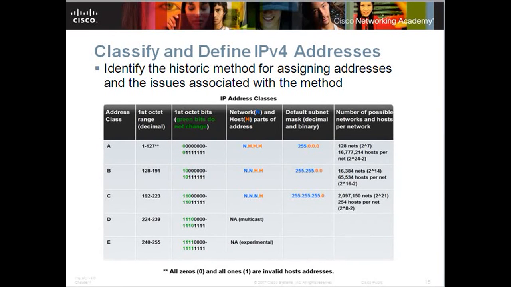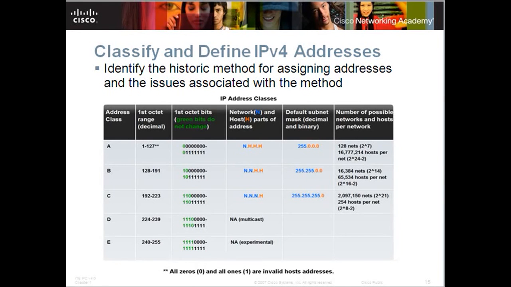Class C pattern is 110, and it varies from 192 to 223. Then Class D, the pattern is 1110, that is 224 to 239.